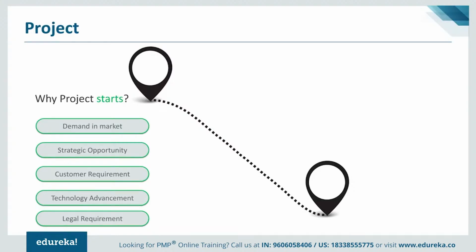I have seen many projects moving on to cloud-based platforms, or using analytics, or projects undertaken so that they can move to a new technology which is more intuitive to use. So technology advancement could be another reason why projects are undertaken.